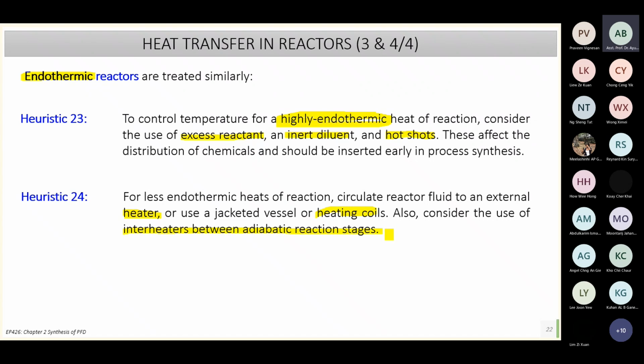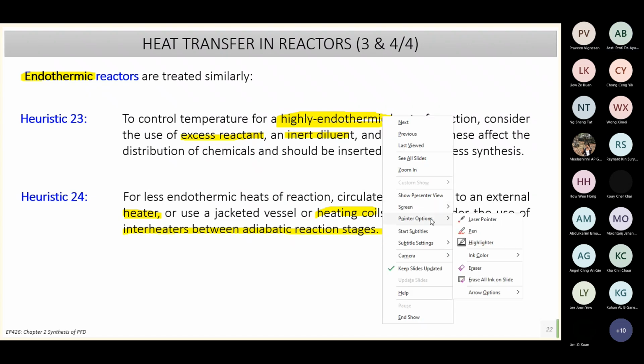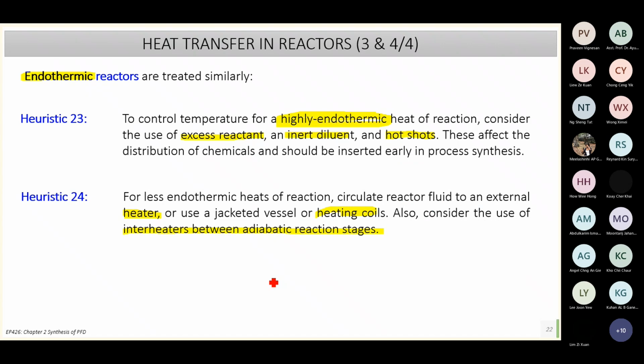Okay, so what I can conclude over here, for heat transfer, you have exothermic and endothermic.